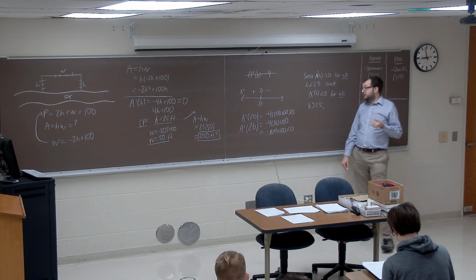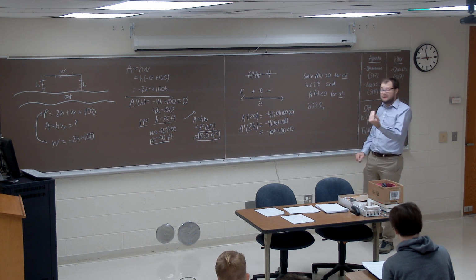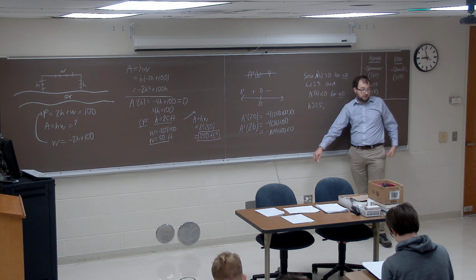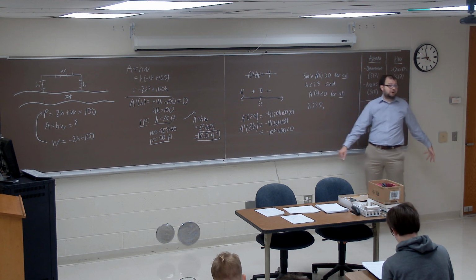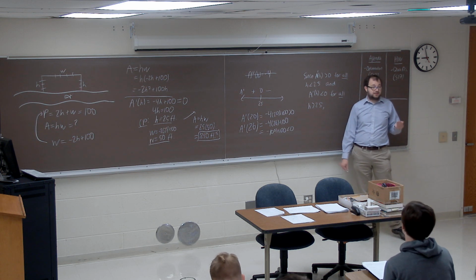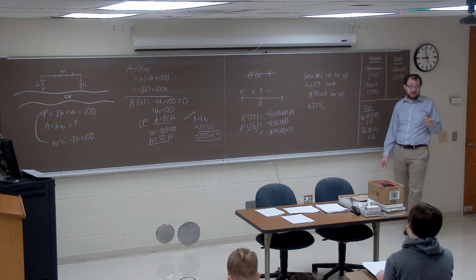If your derivative is positive everywhere to the left of your critical point at 25 and negative everywhere to the right of 25, what does the first derivative test tell us is happening at h equals 25?